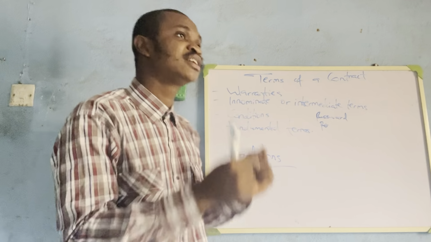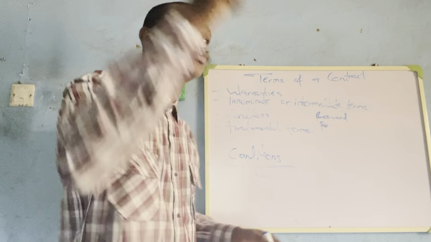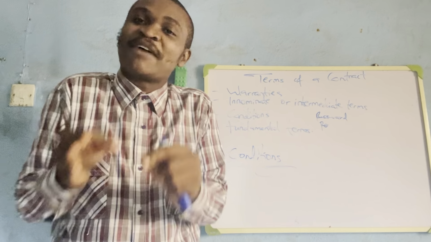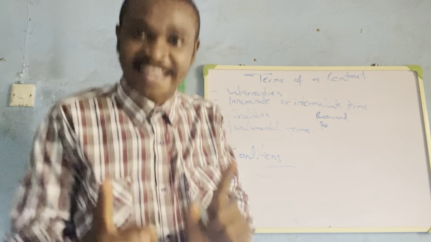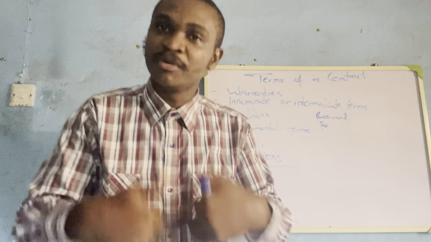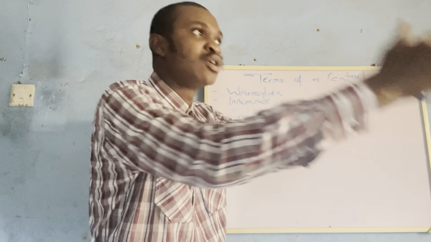So if the owner of the land refuses to clear the bushes or refuses to fence it, depending on the condition you have given the owner of that land, then that particular contract cannot be said to come into fruition because there are some conditions that must be fulfilled precedent to the performance of the contract.